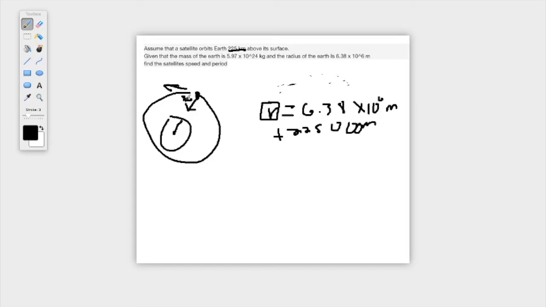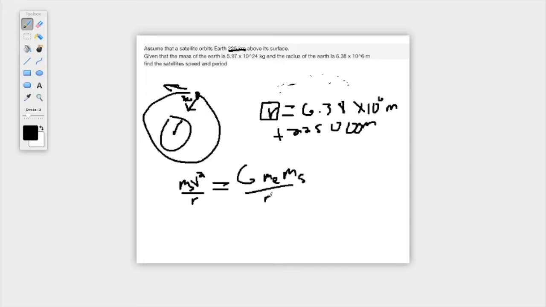So because the force of gravity is the centripetal force, we can use m_s v squared over r equals G times M_e m_s over r squared. M_e is the mass of the Earth, and m_s is the mass of the satellite.